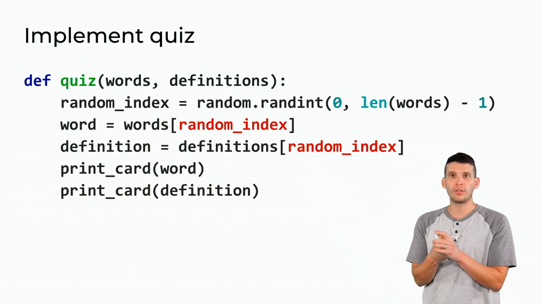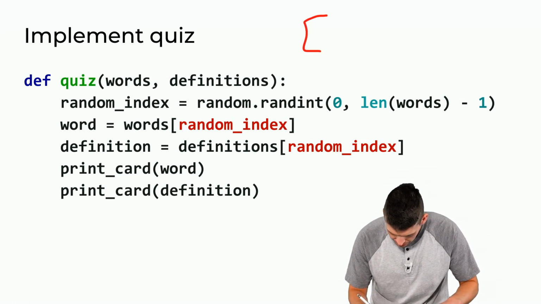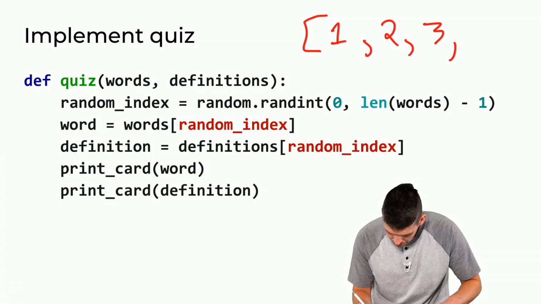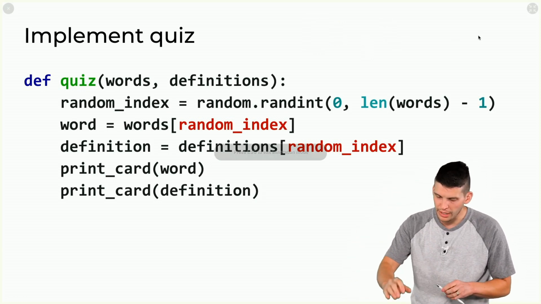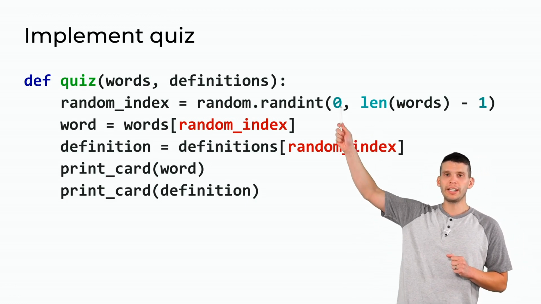So if we want to get a random word from the words list, let me talk it through first, and then we can run it in a bit.